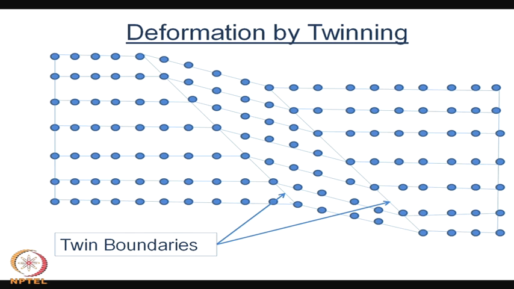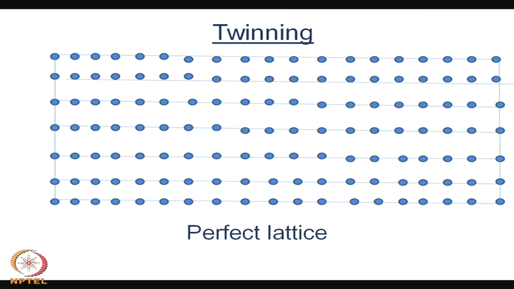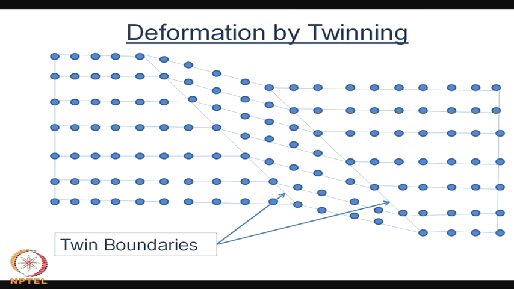If we compare the earlier structure, the perfect lattice, with this twinned crystal, we find a shear region where this part of the crystal remains intact. It has the same orientation as it originally had.